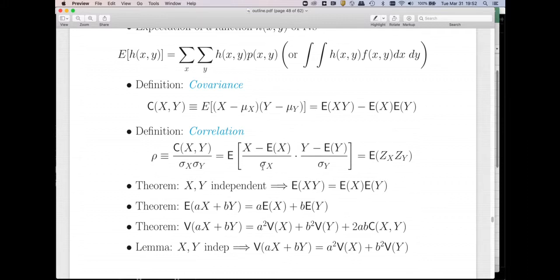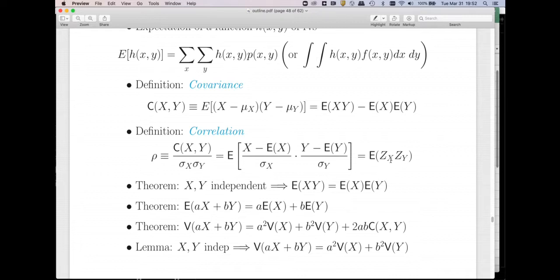That's a z-score. Okay, so that's something that's expressed in standard units. It has a mean of 0 and a standard deviation of 1. Then over here we have y minus its mean divided by its standard deviation, which is also a z-score. So what we're really doing with a correlation coefficient is just finding the average of the product of the z-scores.